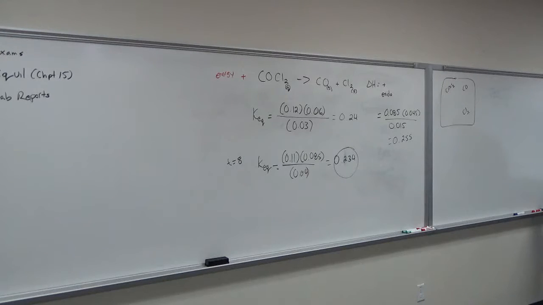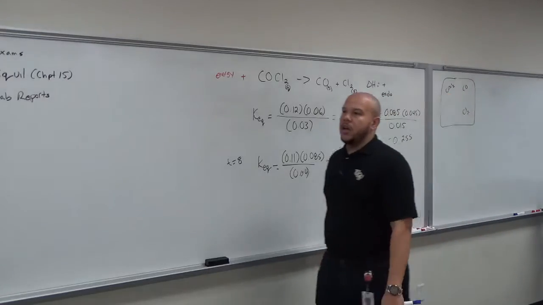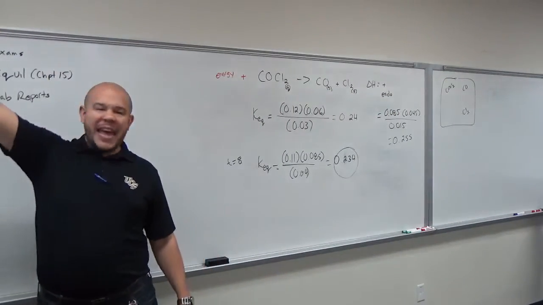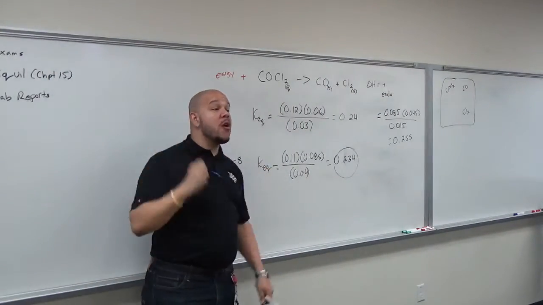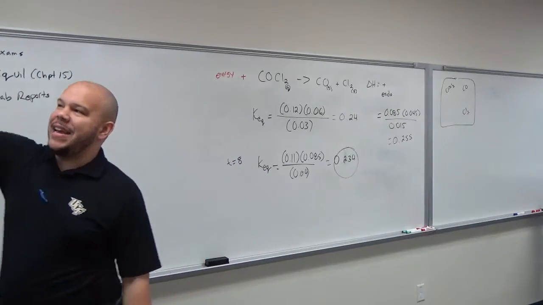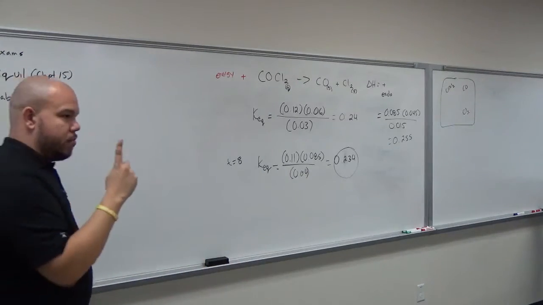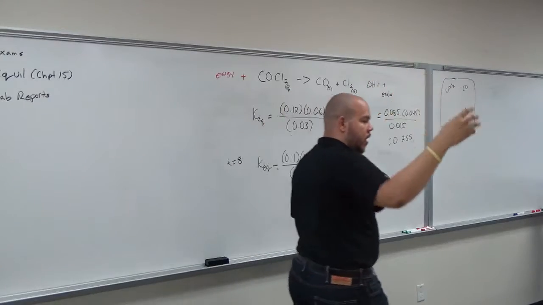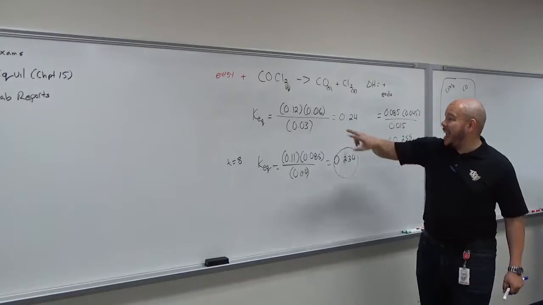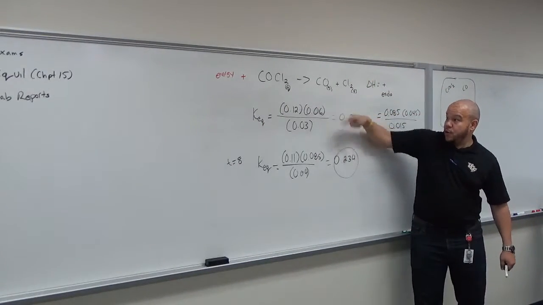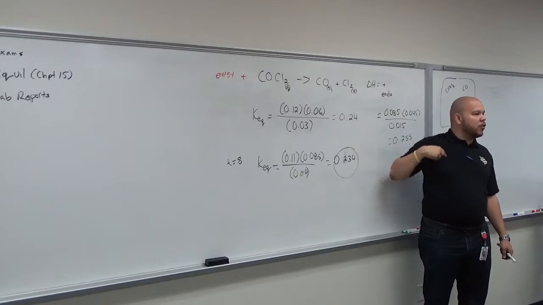And now let's talk a little bit about the magnitude of K. So part D of this question goes back, let's go back to the slides for a second. If K, from a numerical standpoint, is greater than 1, meaning 1 or larger, then we have a ratio where the numerator is bigger than the denominator.